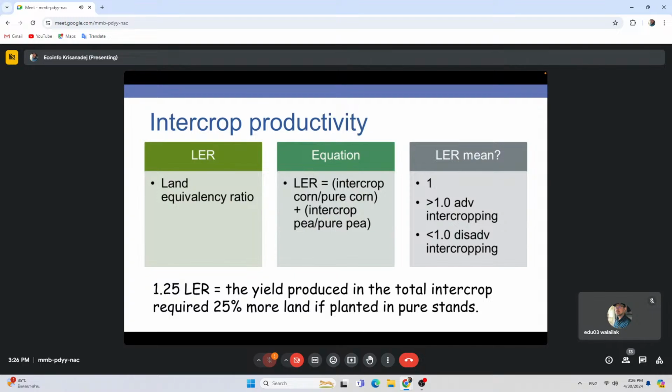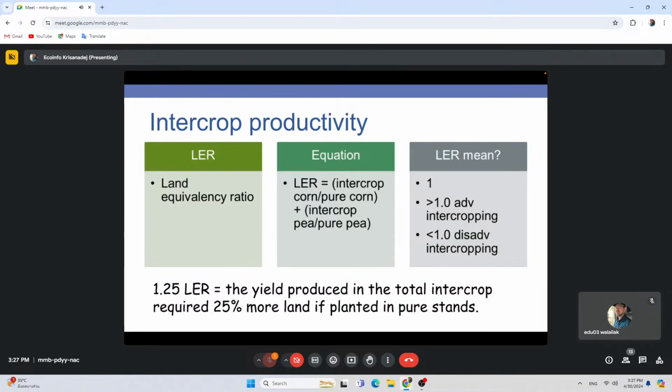And then plus the intercropping pea divided by pure pea, okay? And this ratio, if it's higher than 1, we should suggest the farmer to do intercropping. But if the ratio is less than 1, that means you should suggest the farmer to plant monocrop, not intercropping at the same time. Does that make sense?